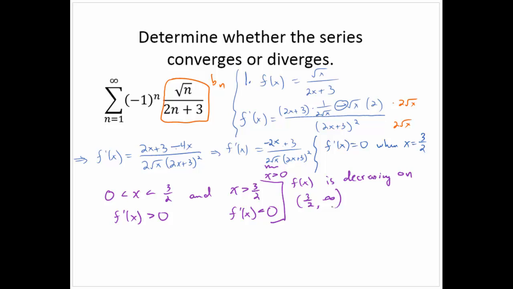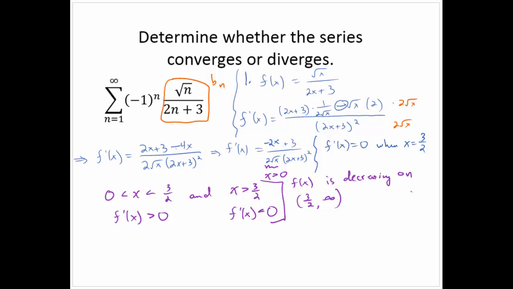That's good enough, even though it's not including the first term. We're not exactly sure if it necessarily increases from the first term to the second term. That we don't know, but I know from the second term on, the sequence is decreasing.